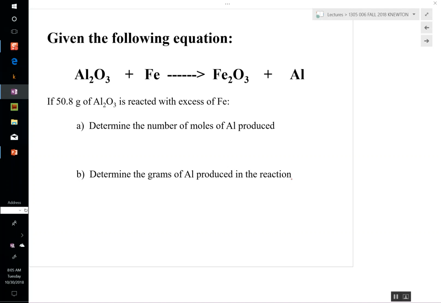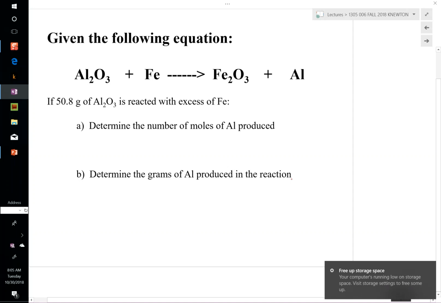And the question here is, if we had 50.8 grams of aluminum oxide and it reacted, now you'll see this kind of terminology in these kinds of problems. It's reacting with excess iron. What's that telling you? Well, it's telling you there's plenty of iron here to react with that 50.8 grams of aluminum oxide.